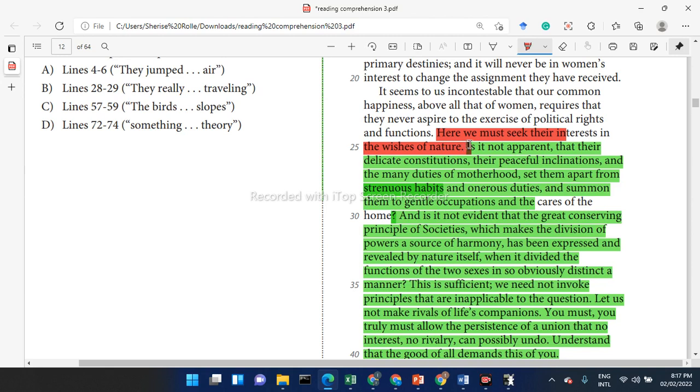All right? And he's saying that women are overly emotional. Yeah, they're emotional and stuff like that. So he's saying that, as a general rule, they are more delicate, more calm, more peaceful. The stuff that men do, they should try to set themselves apart from it, right?